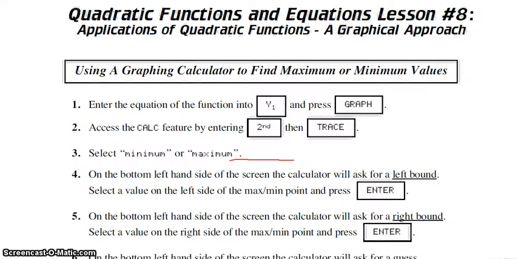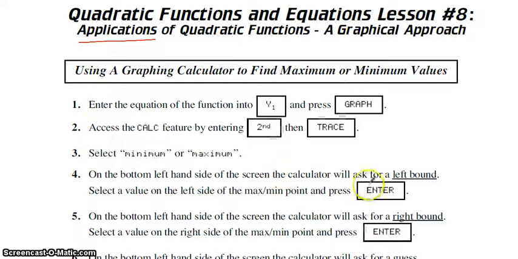For lesson 8, quadratic function equation, application. So this is why we study quadratic functions, because there are many applications. You can put it in a graphic calculator, and then you can find the maximum and minimum values. Usually those vertex, max or min, have a specific purpose when you solve a problem.